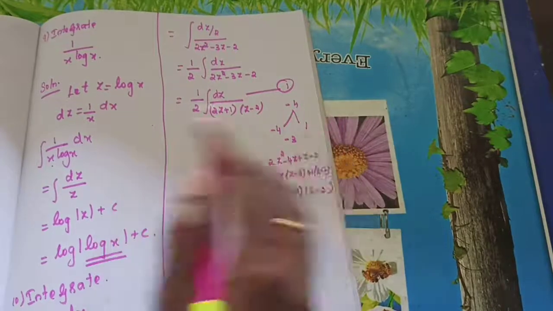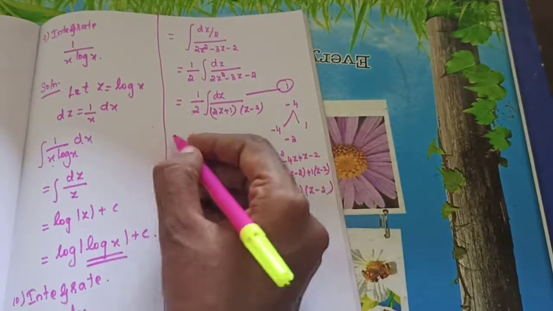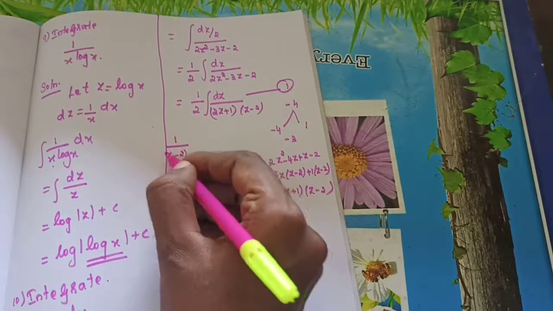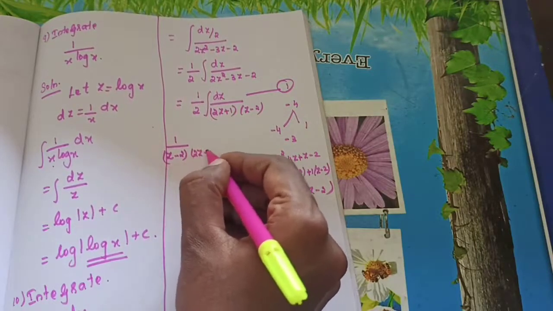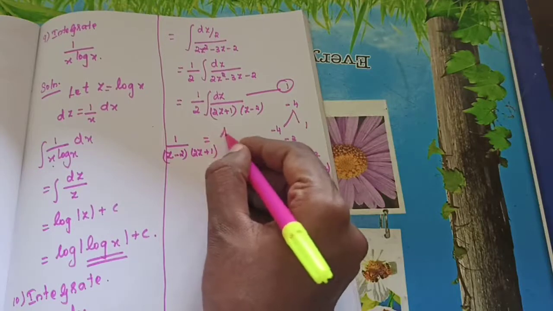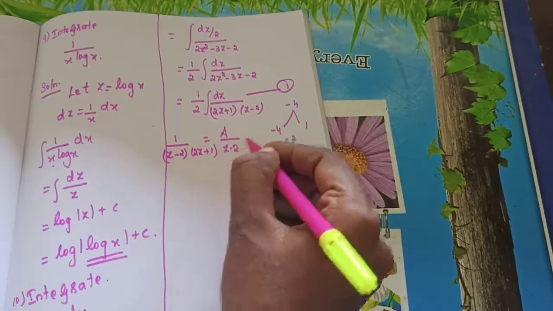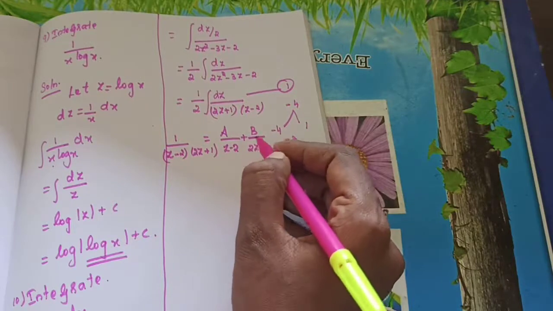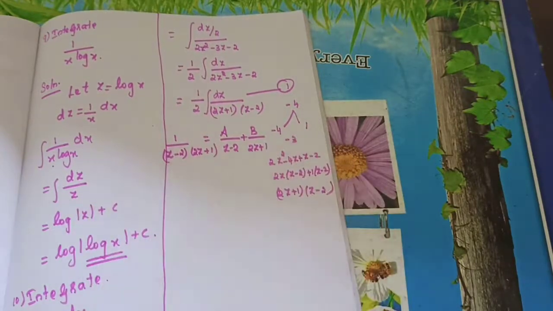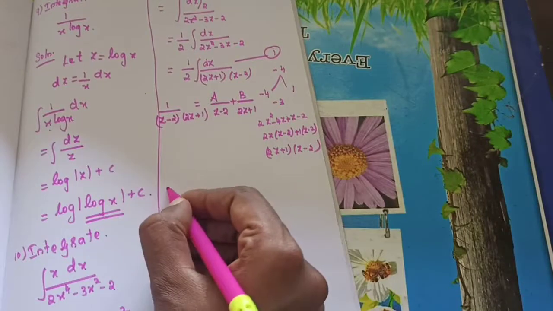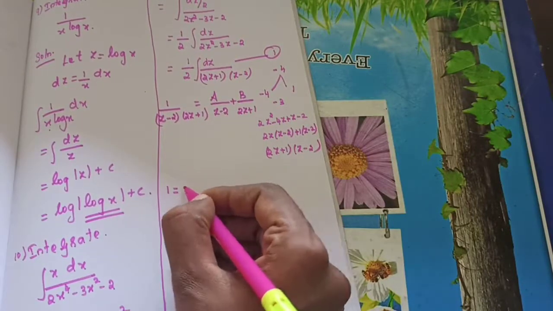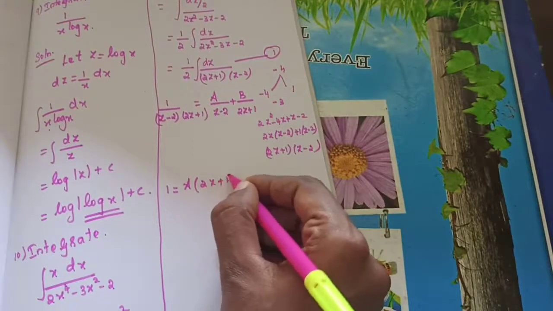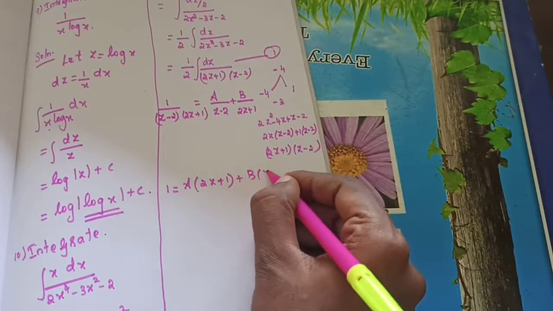Now we are going to split it as A by, B by. So 1 by (z minus 2)(2z plus 1) is equal to A by z minus 2 plus B by 2z plus 1. So 1 is equal to A into 2z plus 1 plus B into z minus 2.